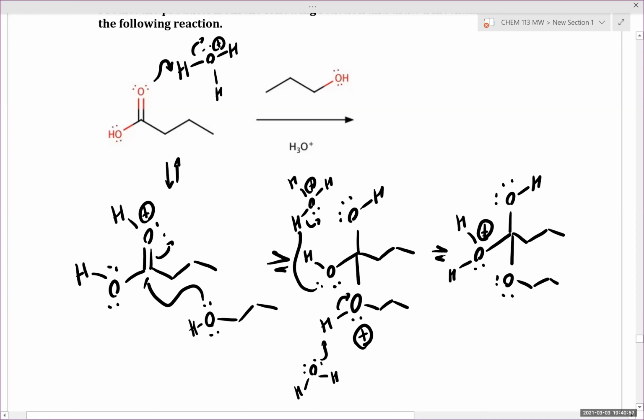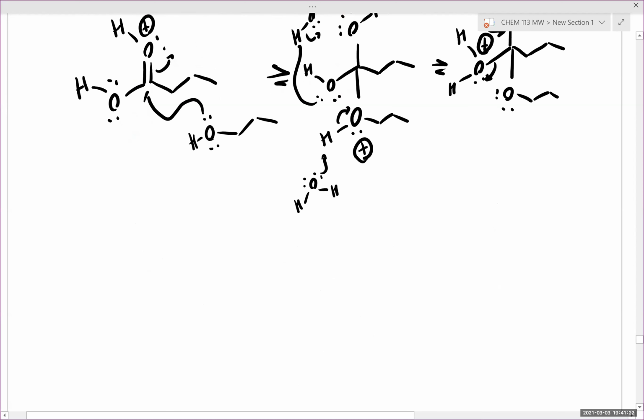Okay, so from here we have this tetrahedral intermediate, and what happens next? Yep, water leaves as we collapse our tetrahedral intermediate to regenerate our carbonyl.